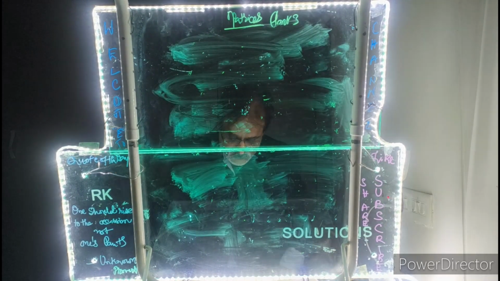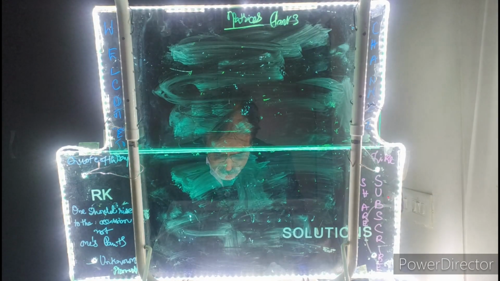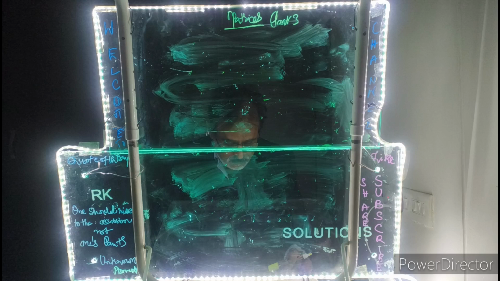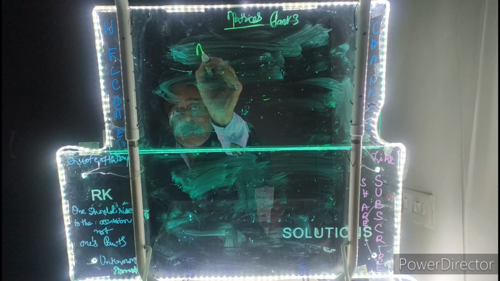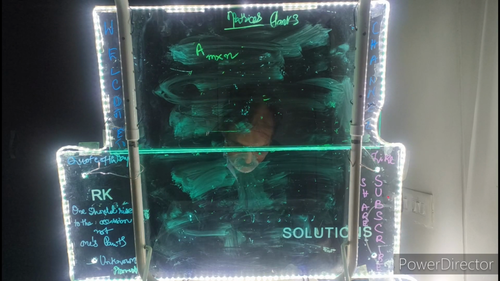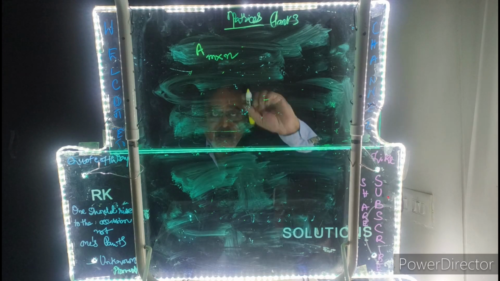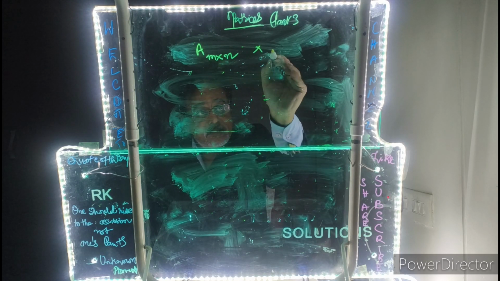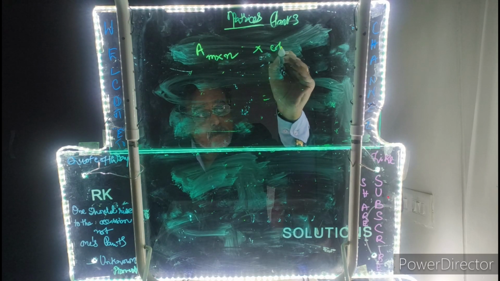Okay. Now, matrices are mostly used to solve linear equations. Let's say, for example, A is a matrix of size m by n and x denotes a column vector.